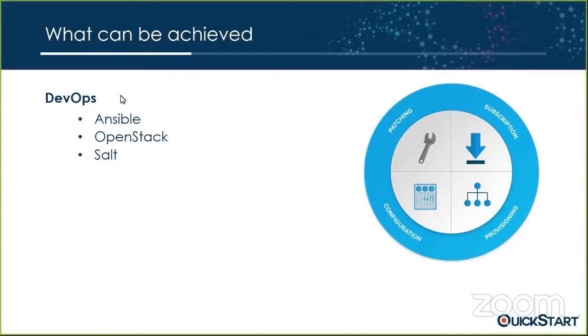Salt is another Python-based open source configuration management software. So these are the few softwares which are very famous in the DevOps community. And if you know Python, obviously you can customize these different configuration management software as per your need.